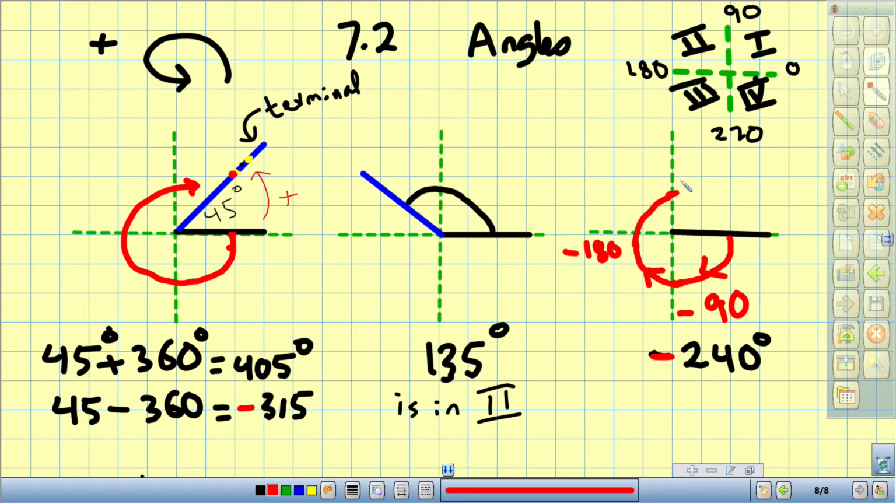Well, if I go all the way to here and get to this one, it's saying this is 270. It's negative 270. That's way too big. I only need negative 240. So I have to back up a little bit here. And then where do you think I'm going to land? Over here. That's it. I have to stop here.